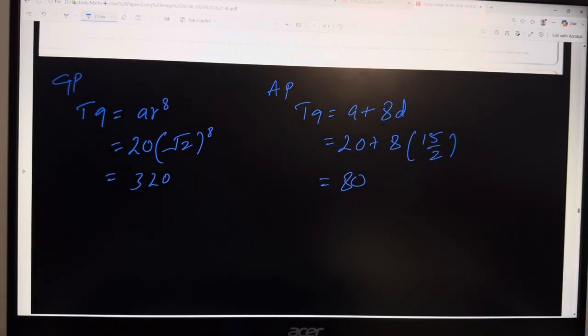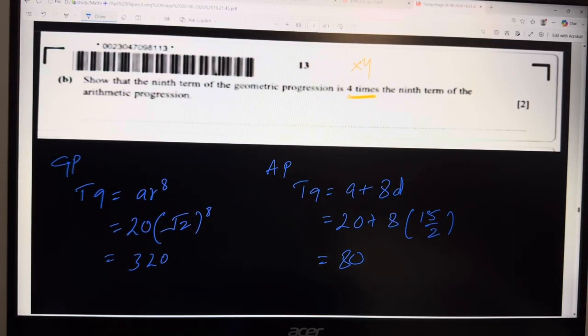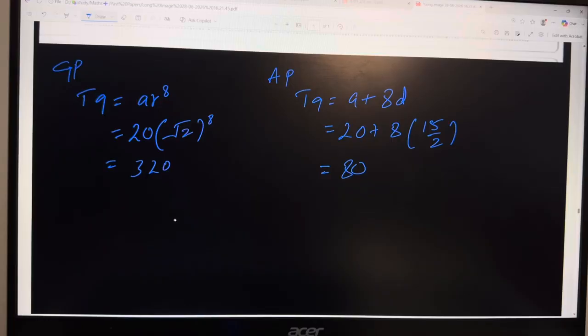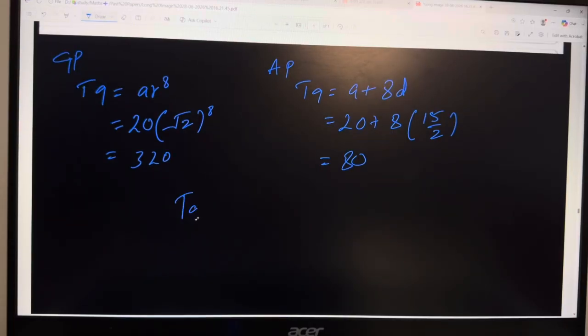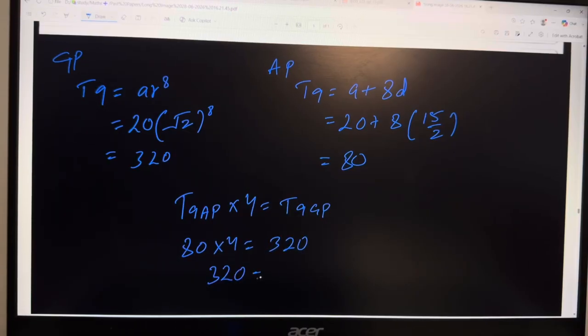So it said to show that the ninth term of the GP is 4 times the ninth term of the AP. So it's basically saying that the ninth term of the AP times 4 is equal to the ninth term of the GP. So is this correct? 80 times 4 is equal to 320, and yes, 320 is equal to 320. Hence shown.